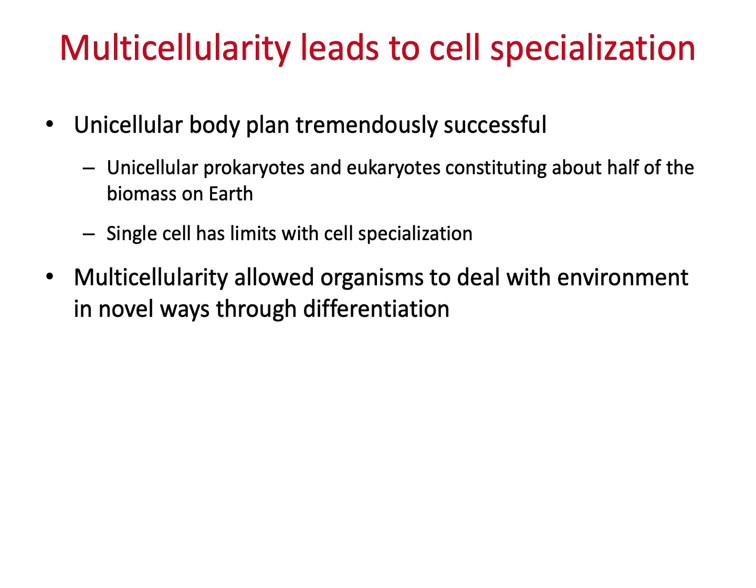When you have one single cell, it cannot grow larger because of the surface to volume ratio, and this limits the ability to utilize different niches on Earth. Becoming multicellular allowed these organisms to deal with environments in novel ways through differentiation. They were able to develop different metabolic mechanisms to utilize different niches on Earth.